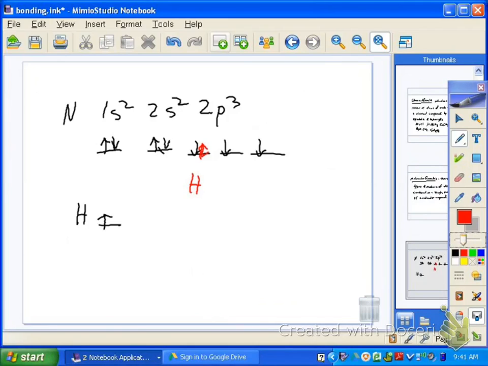We can. Okay? So we can bring a second hydrogen in there and show bonding. Does nitrogen have 8 electrons in its outer shell? 1, 2, 3, 4, 5, 6, 7. So we bring another hydrogen in, so it can have 8.